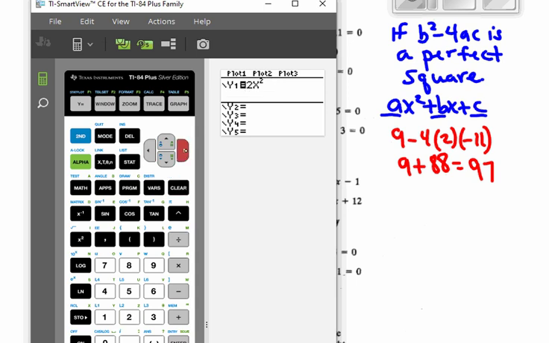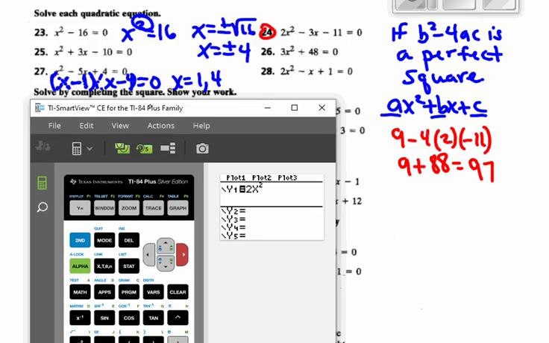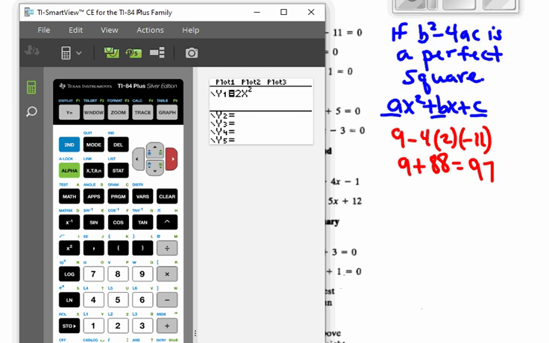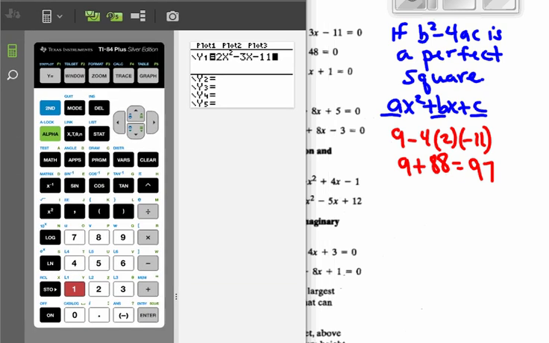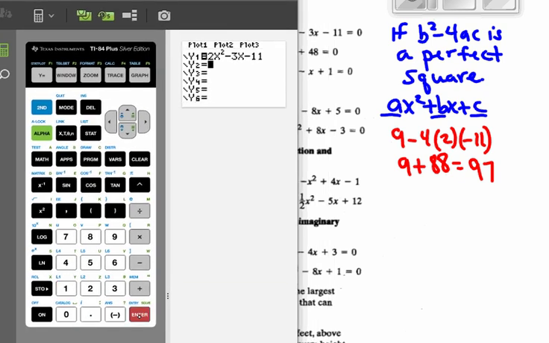There we go. 2x squared minus 3x minus 11. Okay, enter. And the second equation, put in y equals 0.